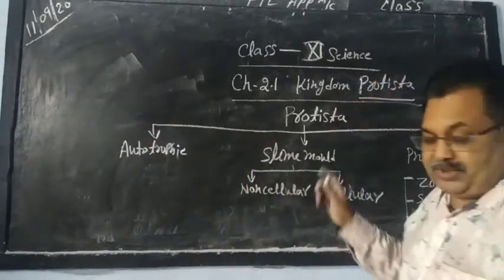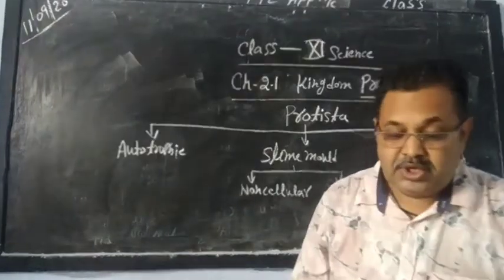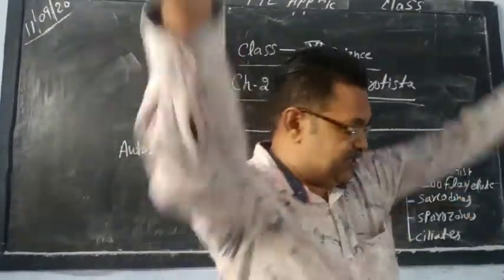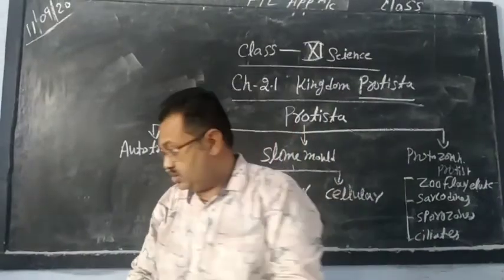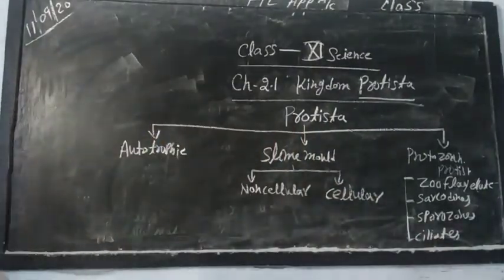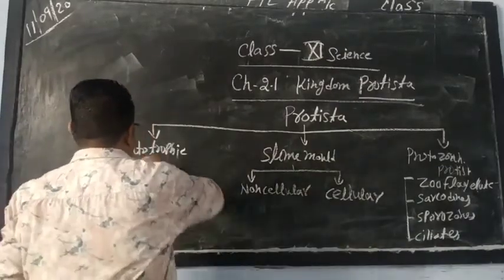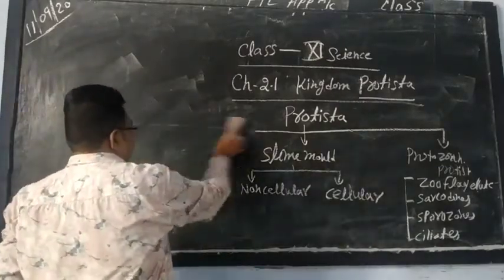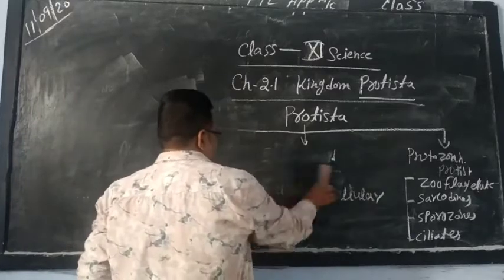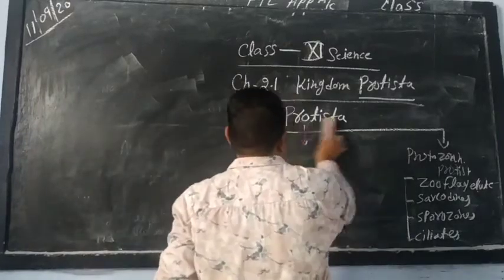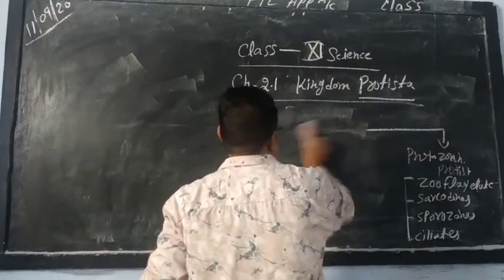Now our next topic is reproduction in protist. So let's see how protists reproduce. Reproduction means to reproduce the offspring.